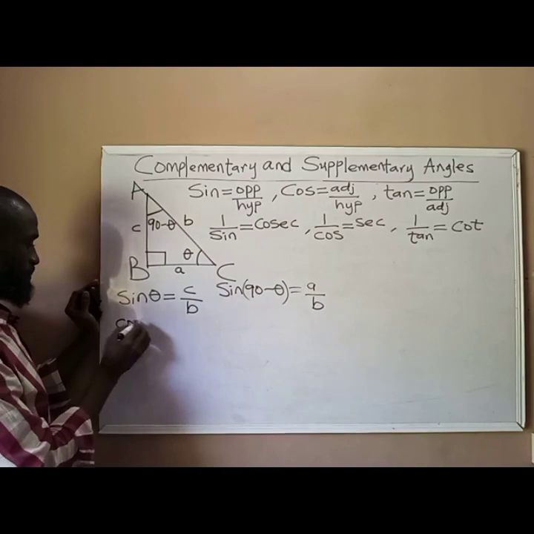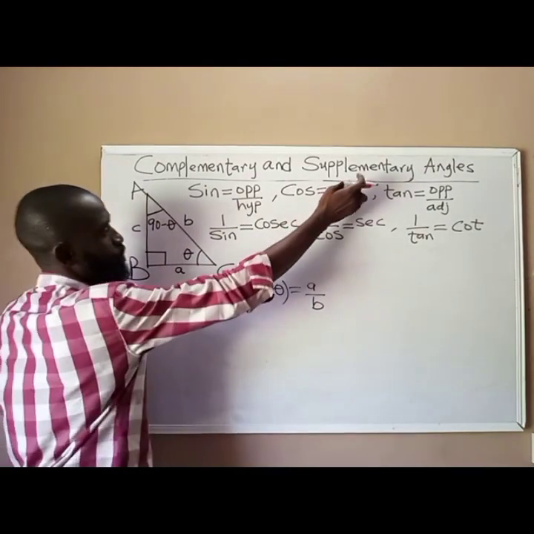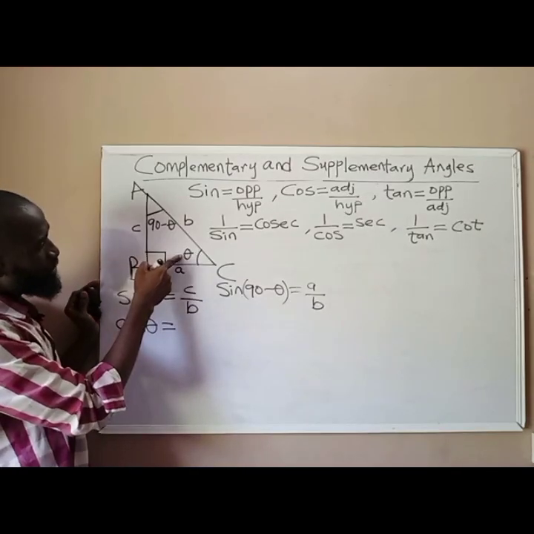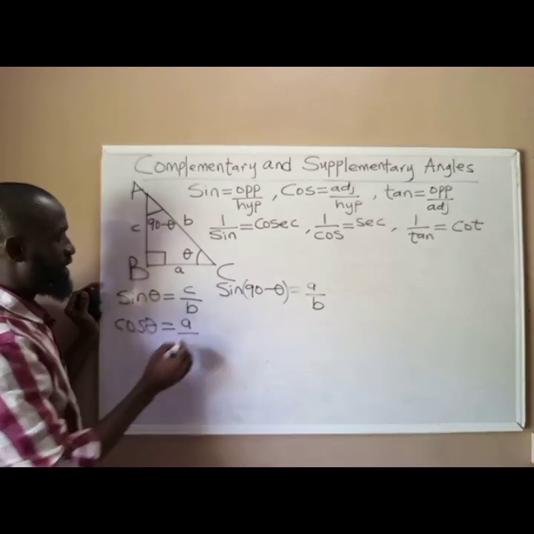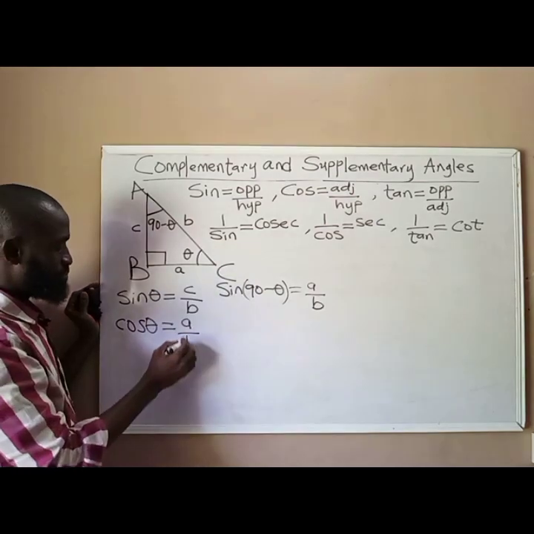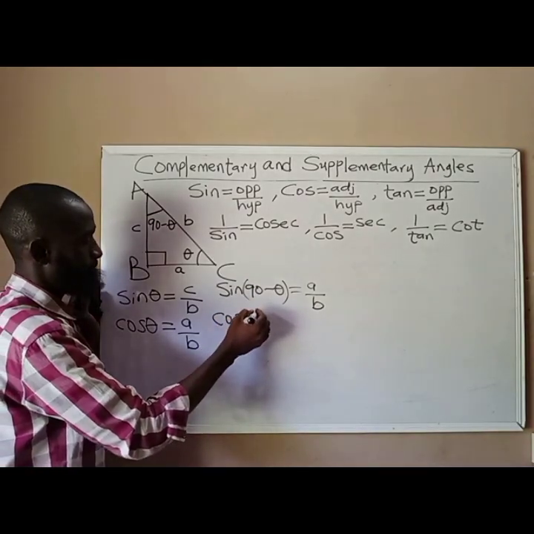Let's go for cos theta. Cos is adjacent over hypotenuse. To this angle theta, where is the adjacent? A is adjacent, so I'll write A over the hypotenuse, which is still B. Then what is cos of 90 minus theta?